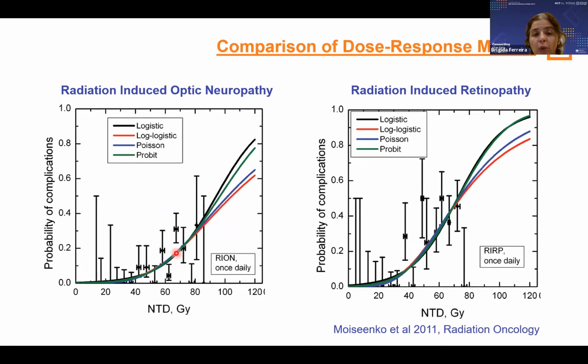You see that within the range of clinical doses, where they actually deliver these plans, the models had quite similar responses. But as you go outside the doses delivered in the clinics, you start to see significant changes in the probability of complications predicted by the different models. And this must be considered if you are thinking about performing a dose escalation.